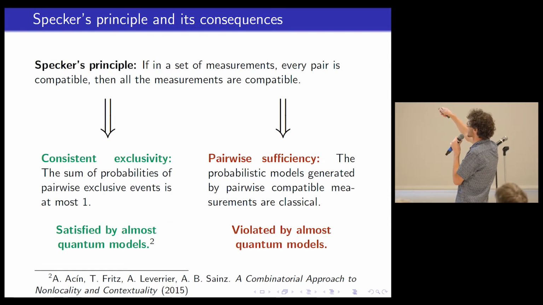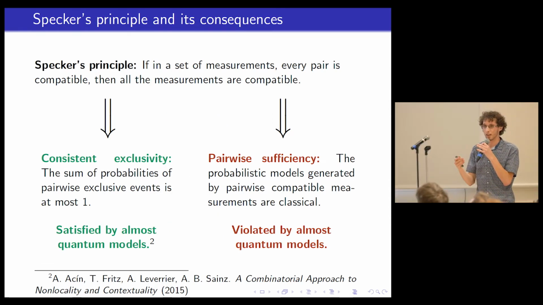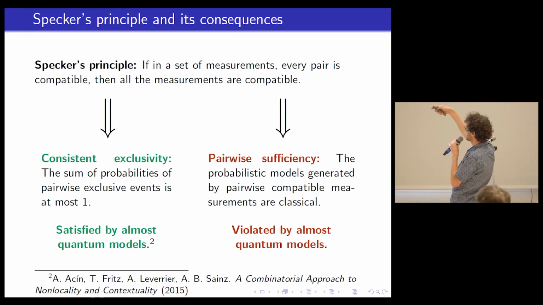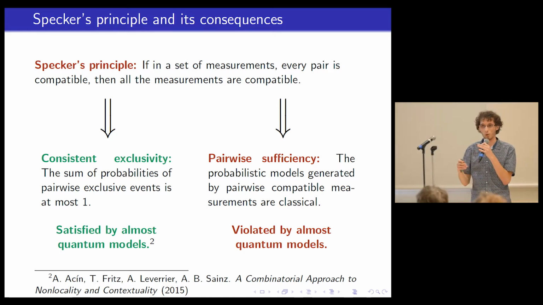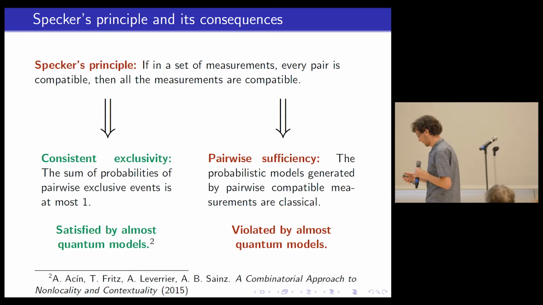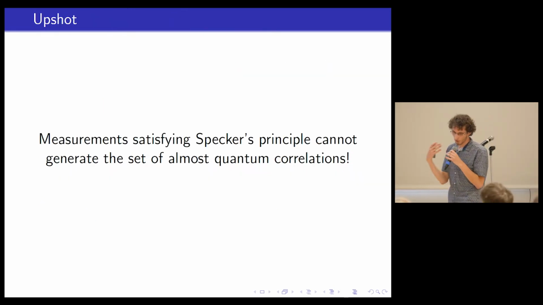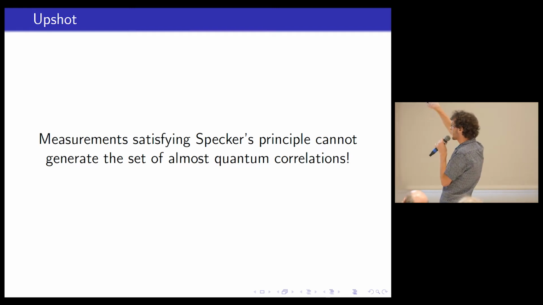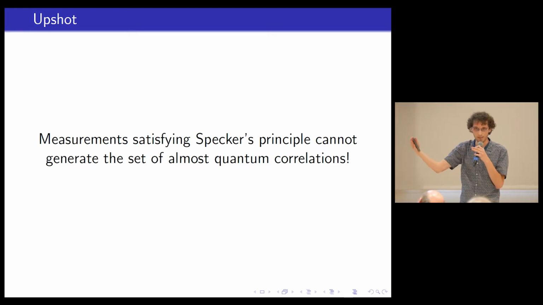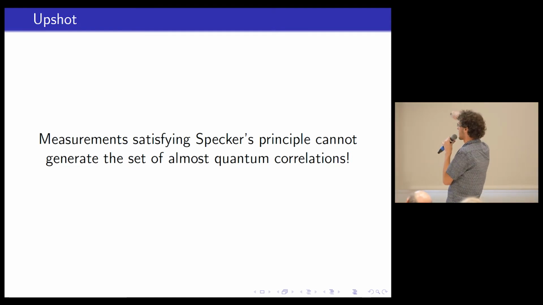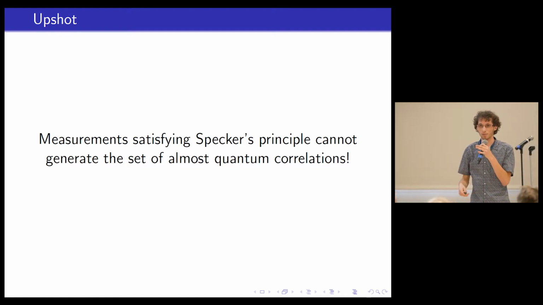So the principle of pairwise sufficiency is not satisfied by the almost quantum models, and consequently, the Specker's principle is in contradiction with almost quantum correlations as well. So the upshot of all this is that whenever we have some measurements which happen to satisfy Specker's principle, they cannot generate the whole set of almost quantum correlations.